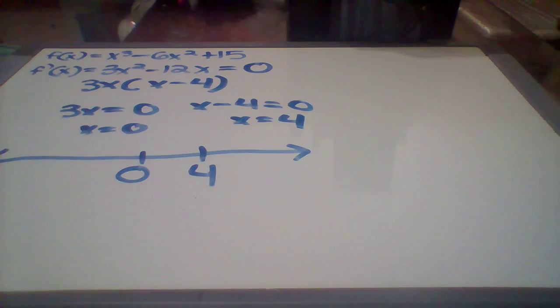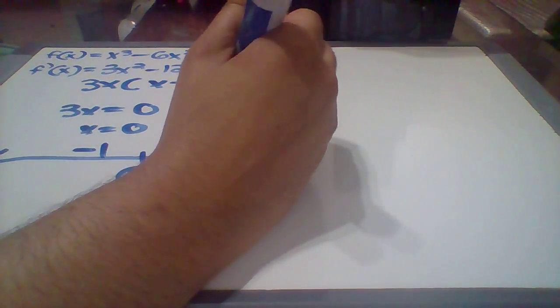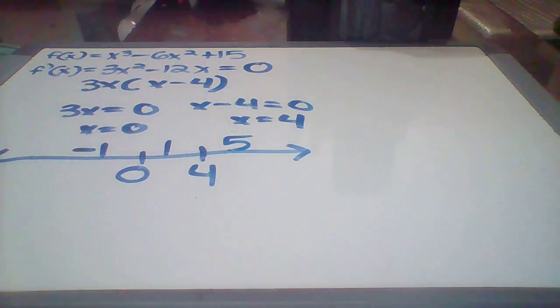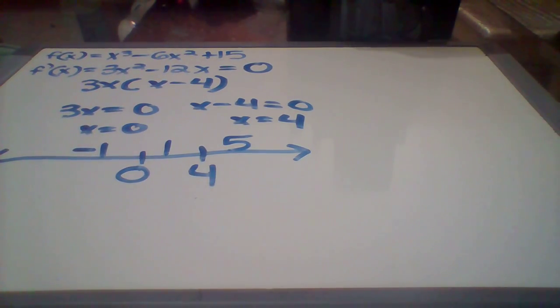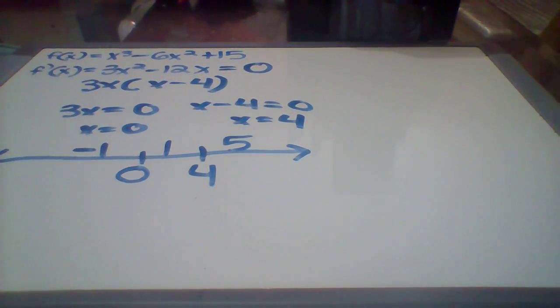So I'm going to pick -1, 1, and 5. And I want to determine its signs when I plug these test points back into the first derivative, because being negative means that it's decreasing and being positive means that it's increasing.